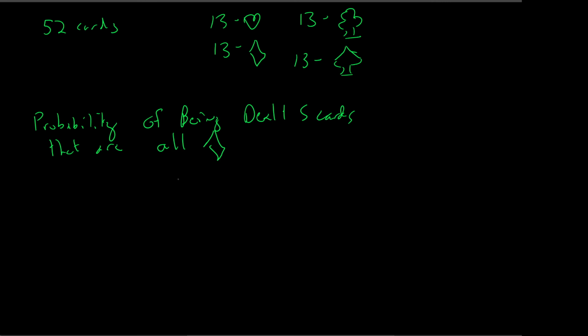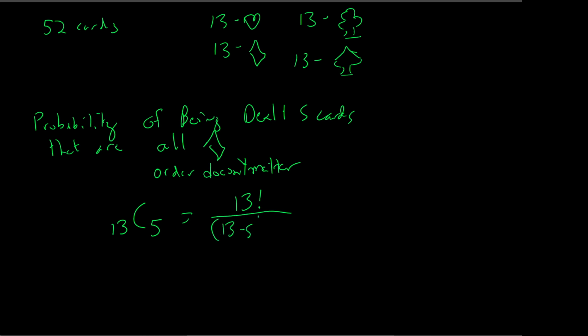Now, it doesn't matter which one I get first, so order doesn't matter. It doesn't matter if my first card's the ace or if it's the 4. I just want all diamonds. And there's 13 ways of choosing diamonds. So this is 13 combinations of 5, or 13 factorial over 13 minus 5 factorial.